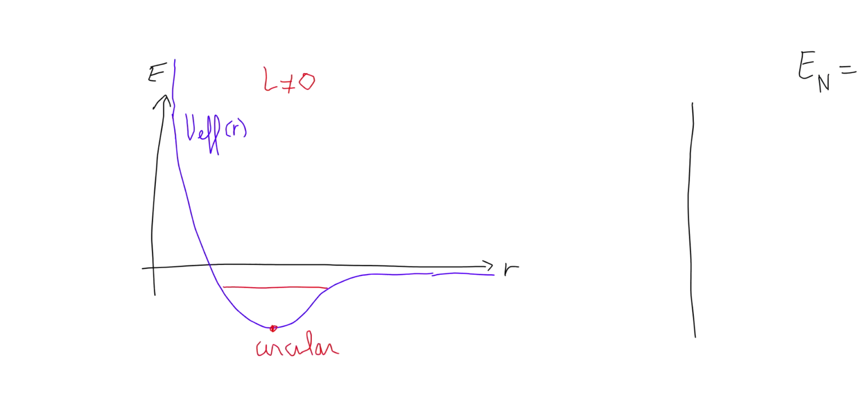Here we have parabolas and hyperbolas, which are unbound orbits, and circular and elliptical are bound orbits. And we see that we can never reach r equals 0 if we have some angular momentum. R equals 0 is here, and we can never reach it. The potential is doing like a barrier to infinity.